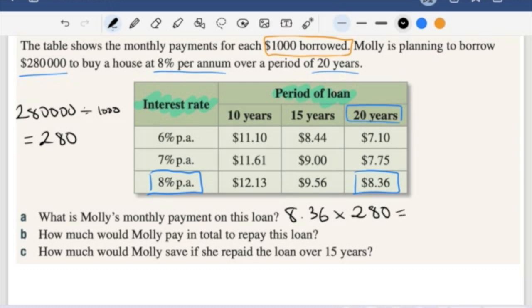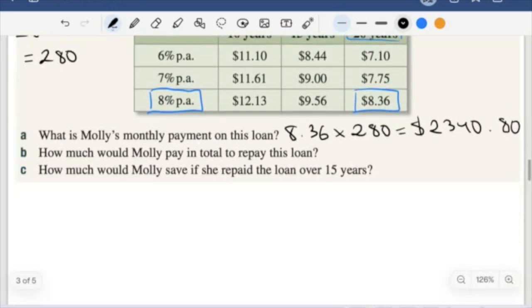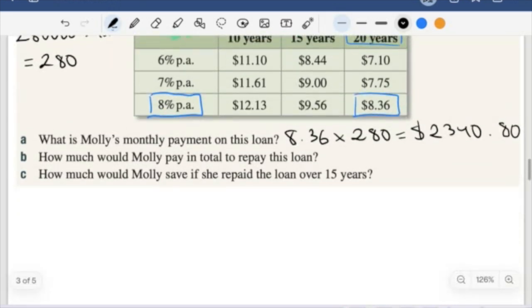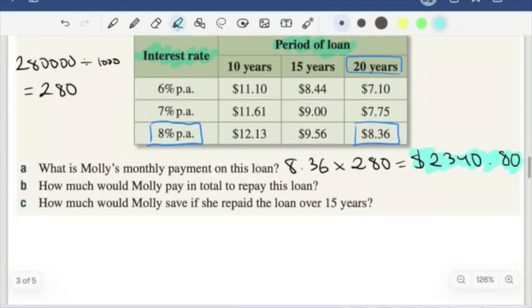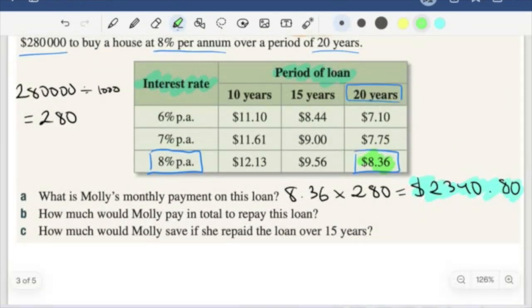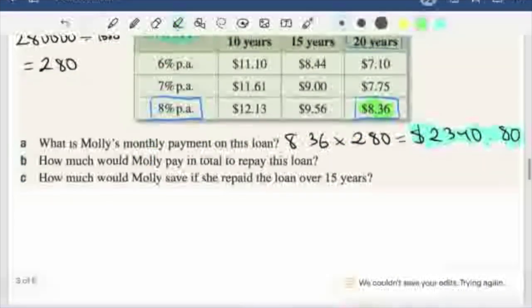And what that gives us is $2,340.80. This is what we are paying on a $280,000 loan. The $8.36 tells us what we are paying on a $1,000 loan. So that's why we're dividing by 1,000 and then multiplying this 280 by our $8.36.